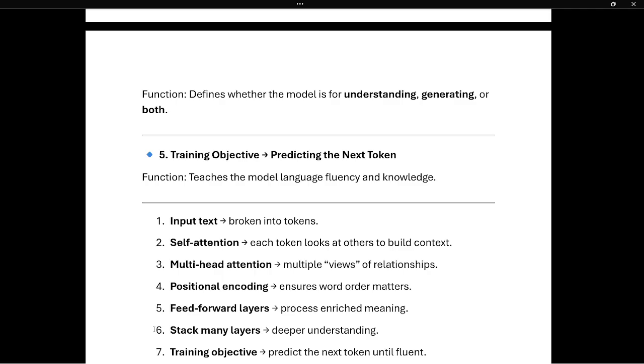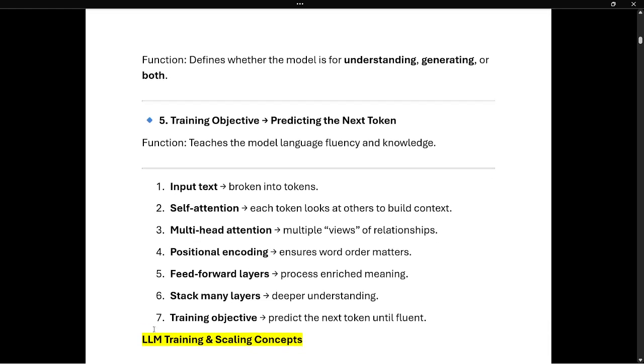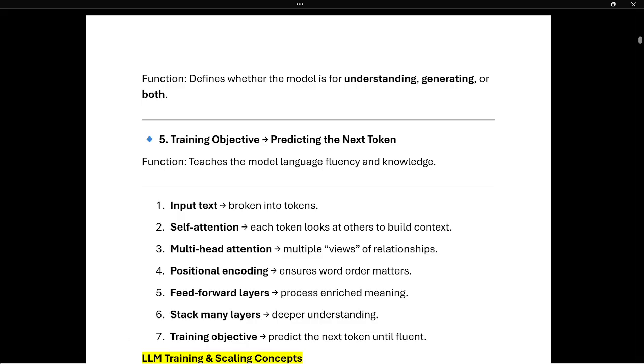So what is the core of an LLM? Input text, then the self-attention mechanism. The input text, the prompt you give, is broken into tokens. What is self-attention? Each token looks at the others to build context. Then multi-head attention: multiple views of the relationships between the tokens.